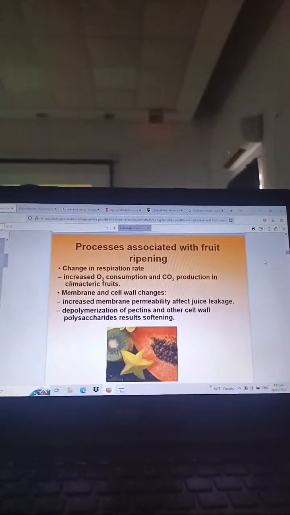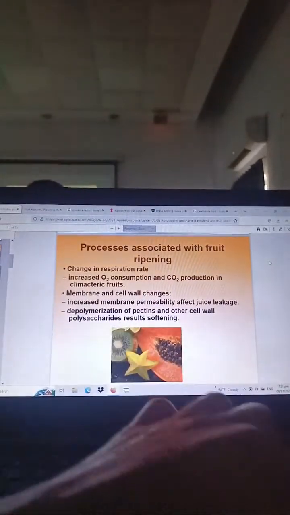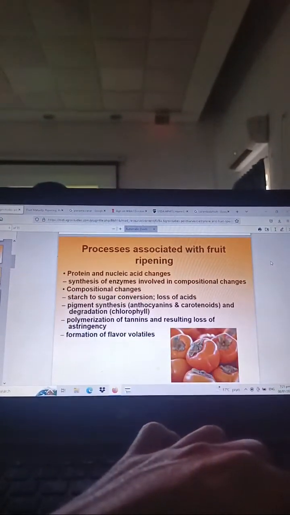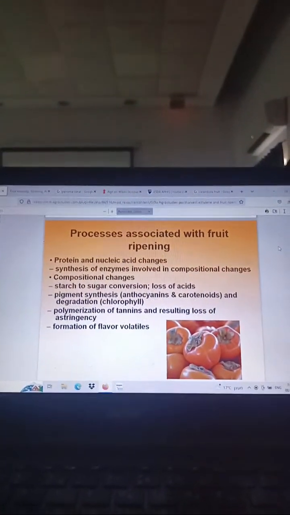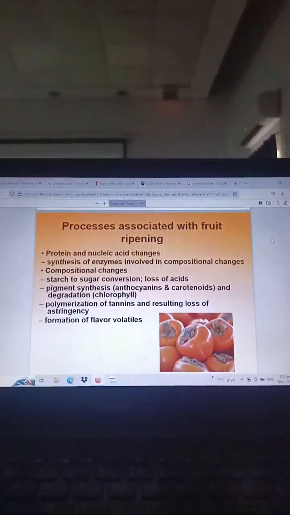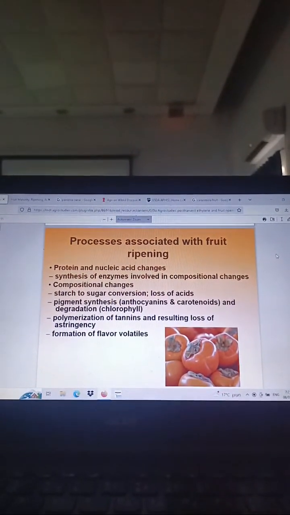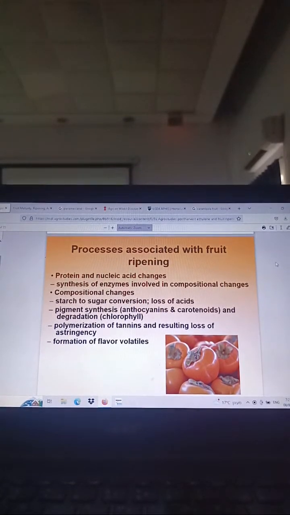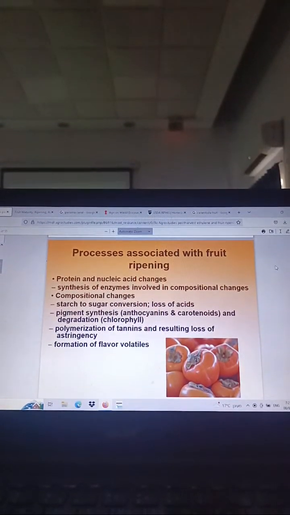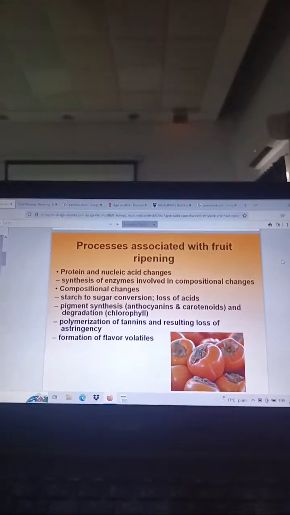Not all of you. You don't know persimmon? Persimmon grows a lot in Japan. So polymerization of tannins. Here we have tannins. When you touch the food, you cannot eat it. It needs polymerization of the tannin to remove astringency. And we have more increase in flavor.